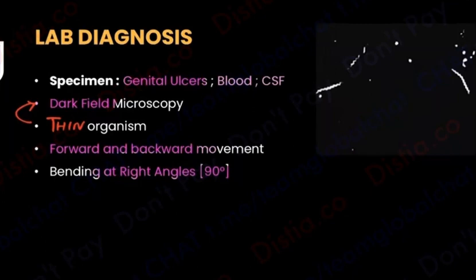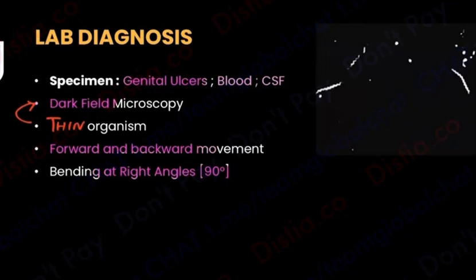Whenever we used to see a senior in college, be it a MBBS senior or MD or any senior, we had to first move front and back in front of that senior, and then we had to bend at 90 degrees and wish that senior. That was just a rule in our college, and just I would say healthy interaction. There was nothing as ragging as I can call it. But yeah, ever since I've read Spirochetes, I've always been reminded of my fresher days in MBBS. Anyway, so they move front and back and they bend at 90 degrees.